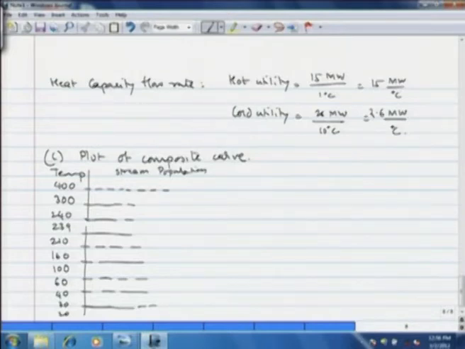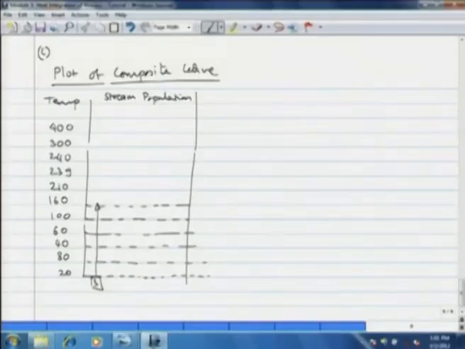The third cold stream goes from 20 degrees. Let us see the third bit of the problem, plot of composite curve for delta T min equal to 10 degrees centigrade. Okay. Now here we have to calculate delta T min of 20 degrees centigrade, not 10 degrees centigrade. Okay, delta T min of 20 degrees centigrade.